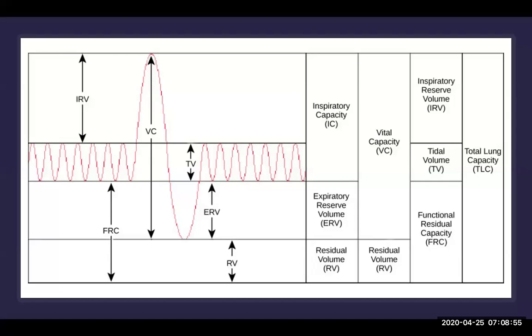An obstructive disorder is like asthma or emphysema, where your airways are much more narrow, so they would be obstructed, and you would get lower volumes for some of these calculations. And then a restrictive disorder, such as pulmonary fibrosis, has to do with extra tissue buildup. Fibrosis means there are extra fibers built up in your lungs, and that would be some sort of restrictive disorder.